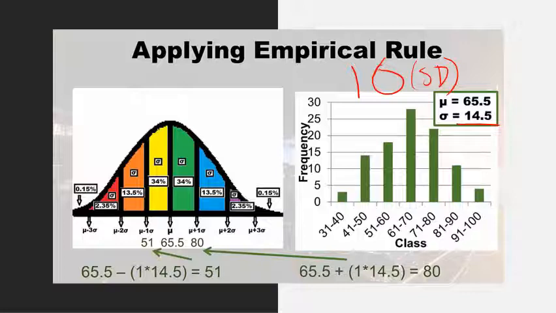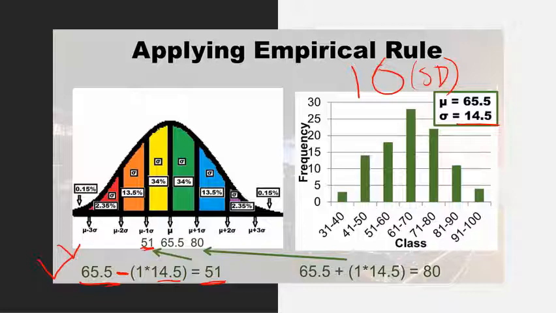To find our lower limit, we take our mean minus, because when you're finding your lower limit, you're subtracting, however many standard deviations we're going to use. In this situation, we're just using one. So 1 times the standard deviation, which is 14.5, and we do the math and get 51.